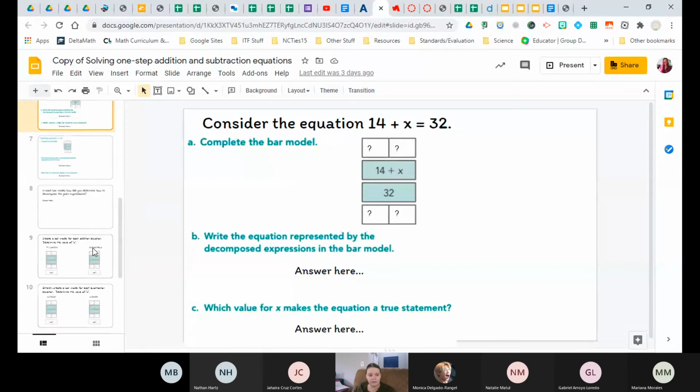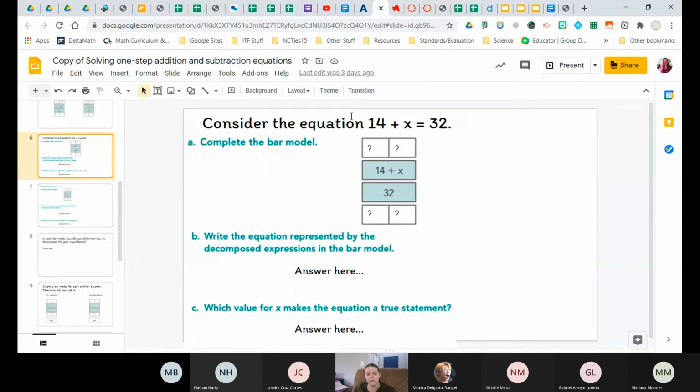So slides 6 through 13. Fill in the missing pieces and then answer the questions on the pages. So this one wants to know what is the equation represented by the bar model. Okay, so we're going to look here to figure it out.